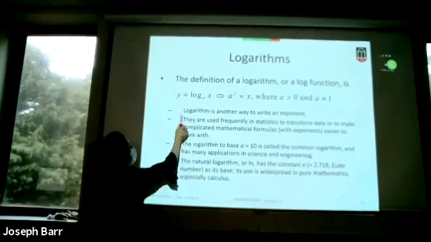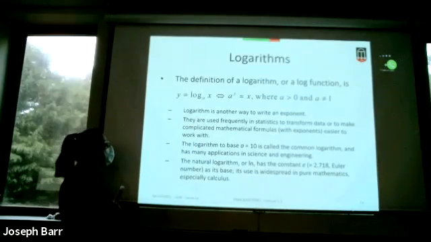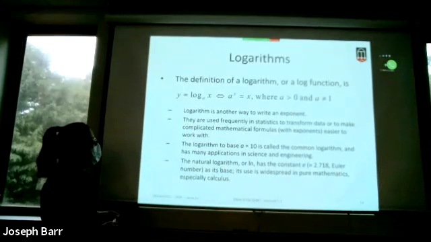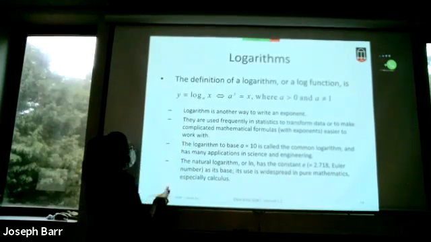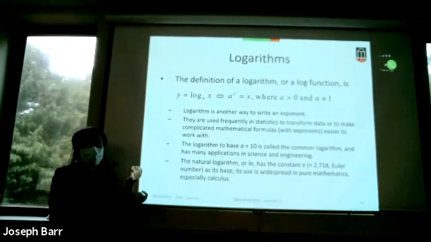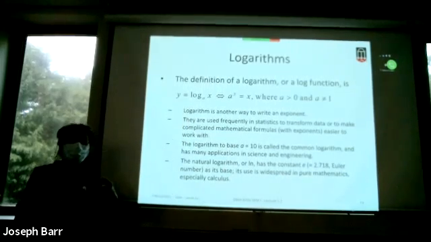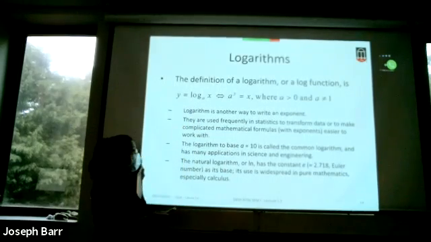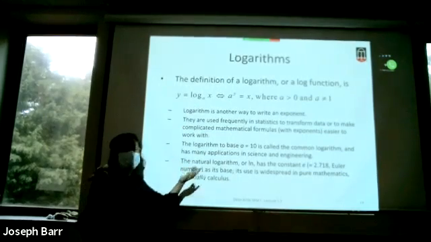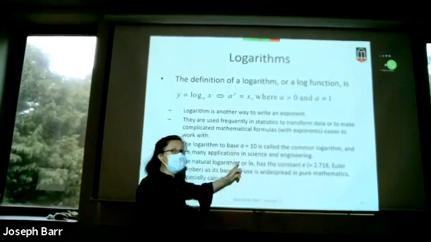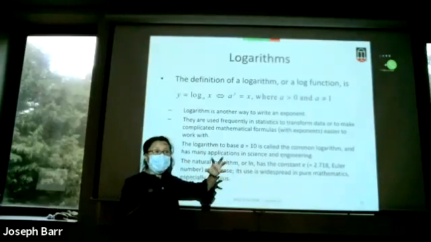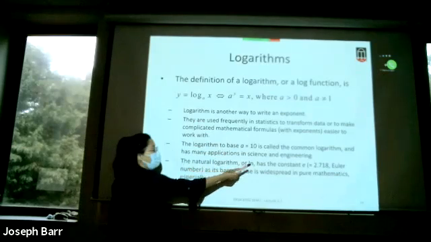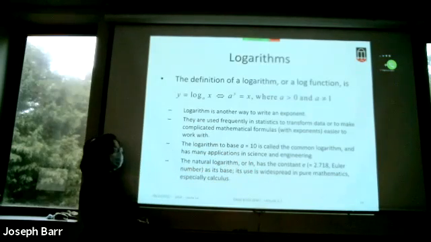And this is actually very, very common. Logarithm is another way to write an exponential function, where the exponent is a power. In engineering and science areas, we use log a lot. Here we have a base a, and we can have different values of the base. For example, if base a is 10, that family is called the common logarithm, and science and engineering use the common logarithm a lot.